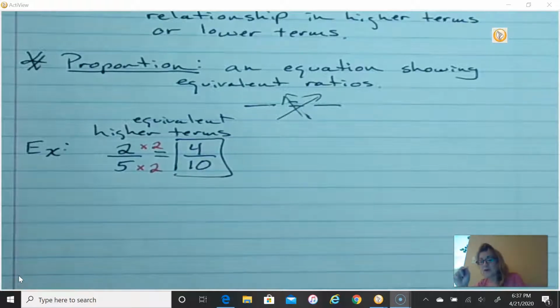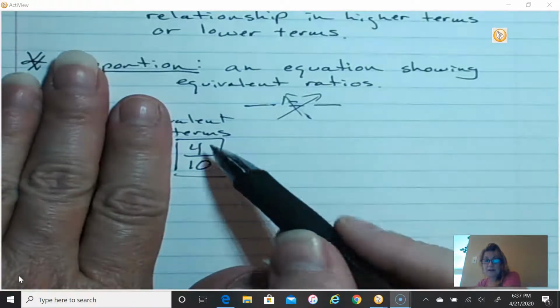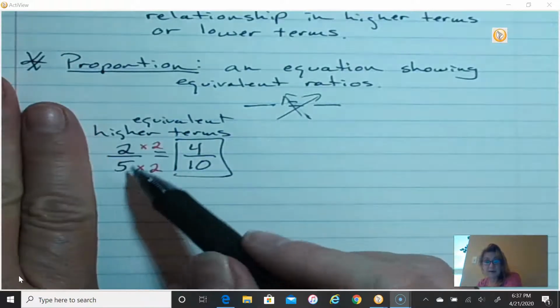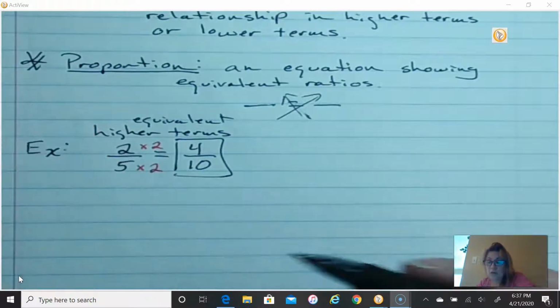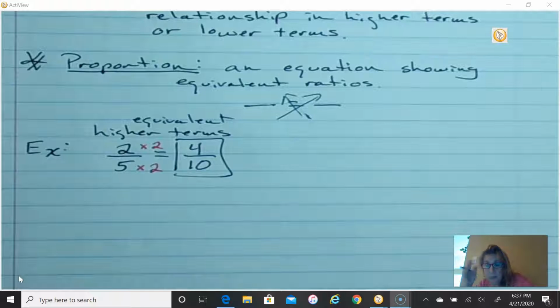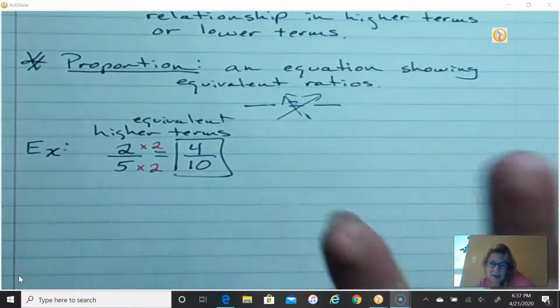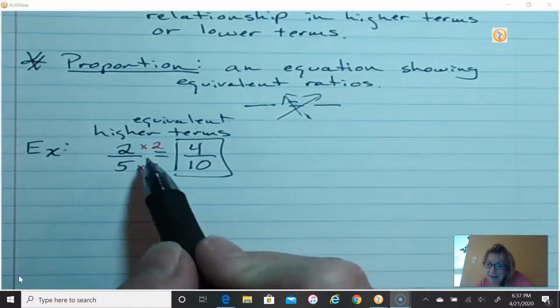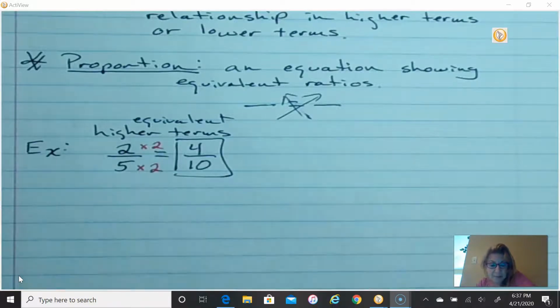So remember, in reducing fractions, they would give us something like this, and we would divide by 2, and we would get this. But since we're doing ratios and proportions, we're just finding equivalent fractions. These two are the same thing. See that equal sign? That means they're the same.